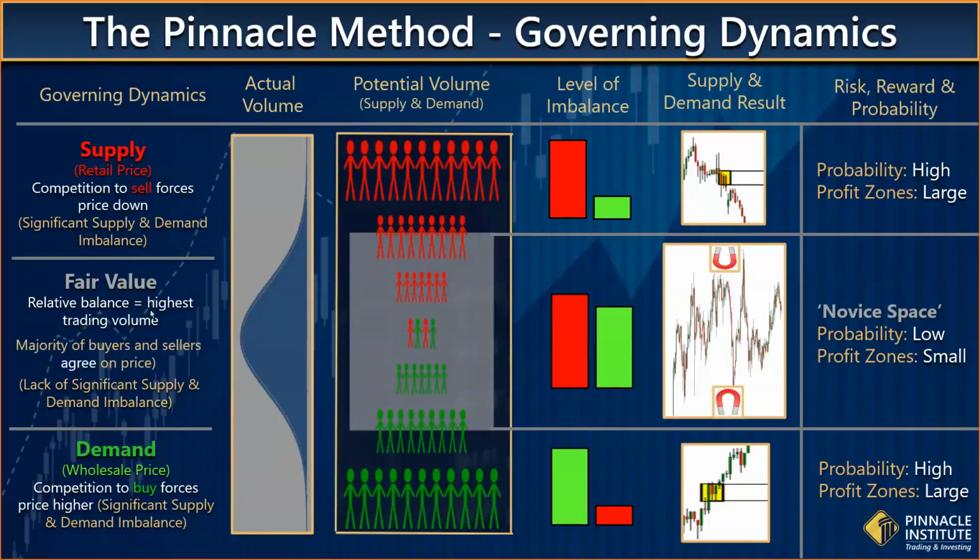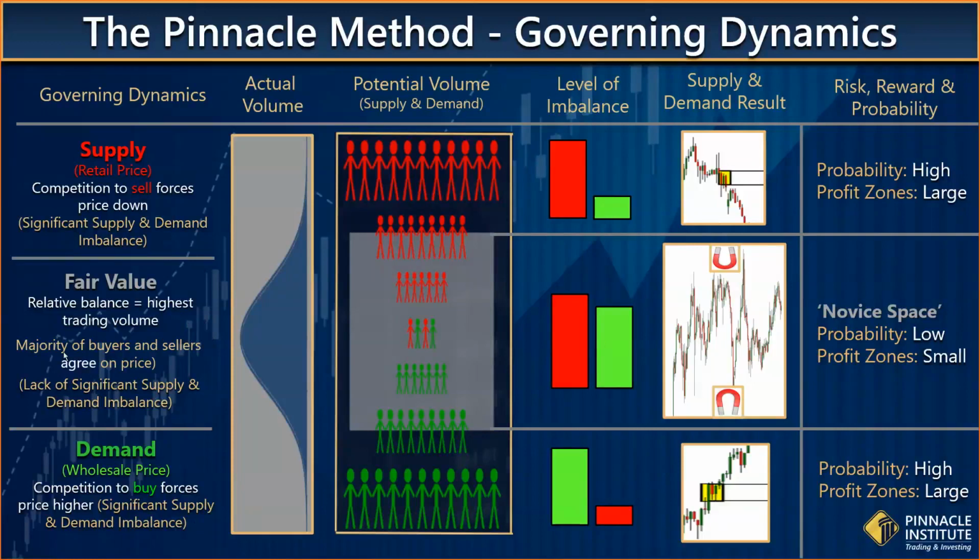In the middle, we call that fair value or relative balance. We don't call it equilibrium because it's not equal. It's always an unbalanced equation that takes time to play out. But relatively, you have relative balance in the middle. It's certainly where the highest trading volume is always going to be. Why?